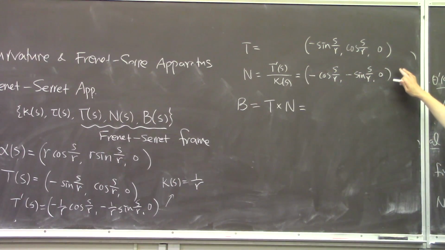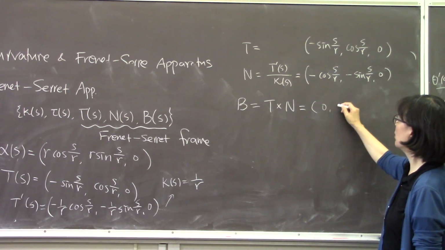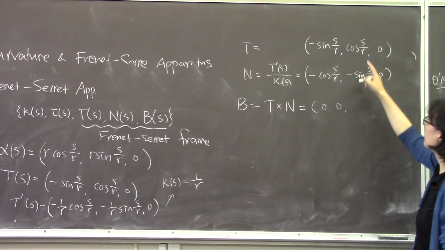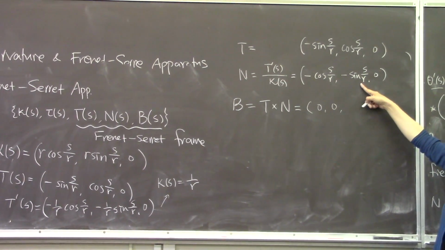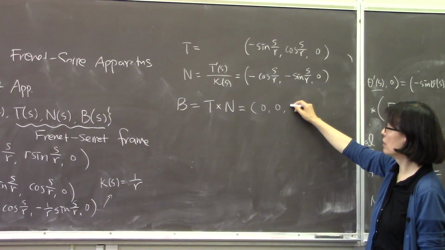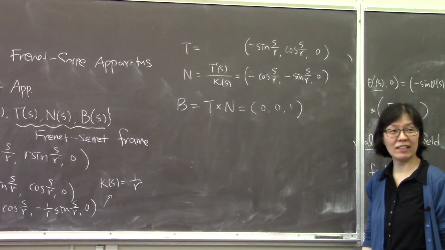If you take the cross product, what do you see? 0, 0, sine squared s over r plus cosine squared s over r, which is 1.